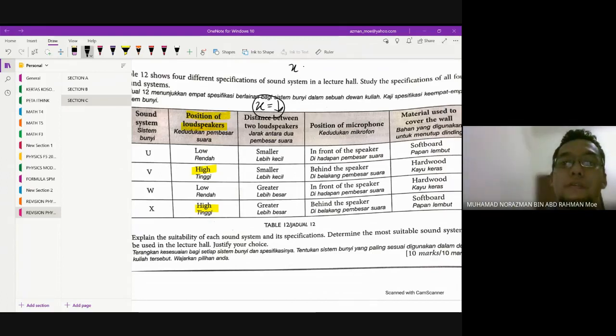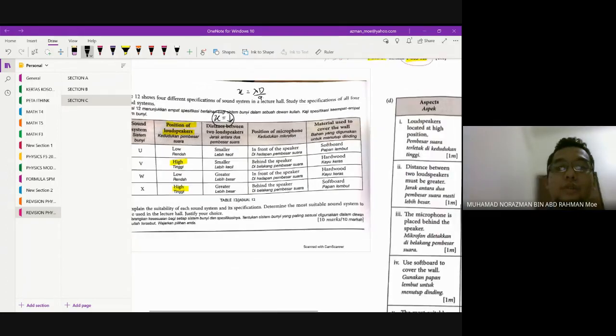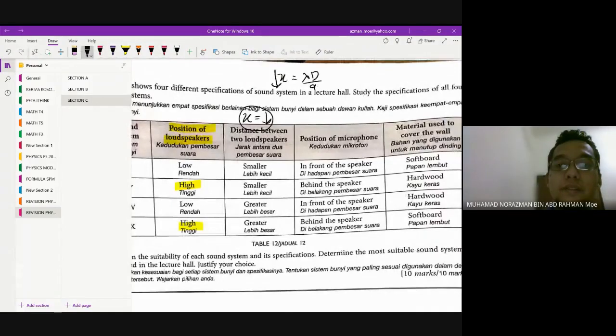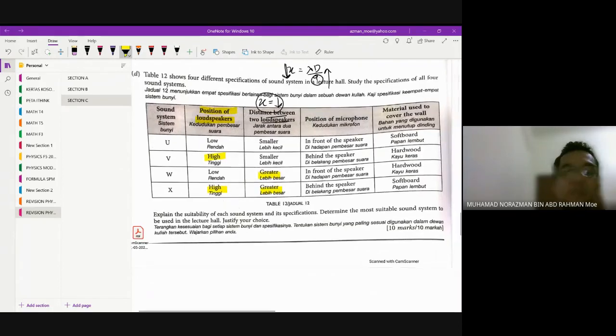From this formula, X is lambda D over A. So if you want to decrease the value of X, where the distance between two loudspeakers is A, we need to increase the distance between the two loudspeakers. So greater. It looks like we found our winner, X, but just to make sure.